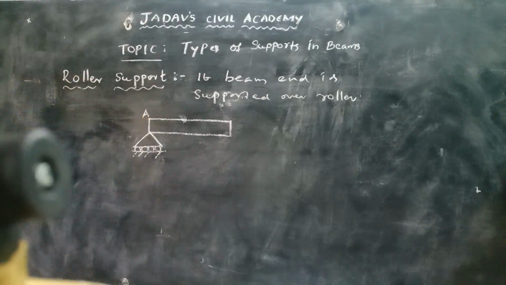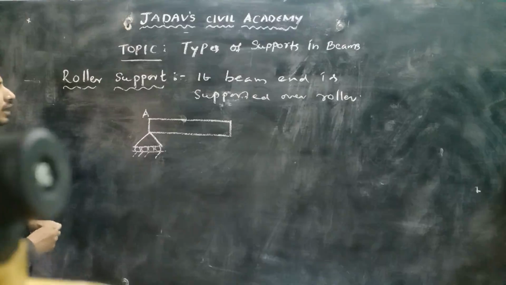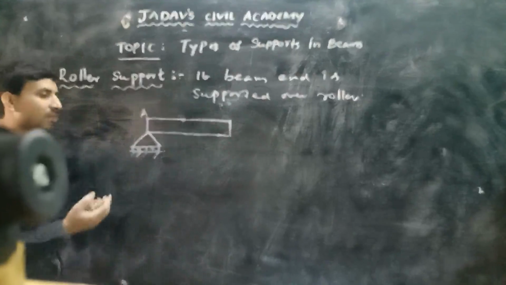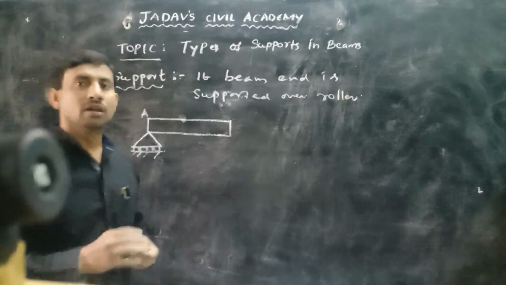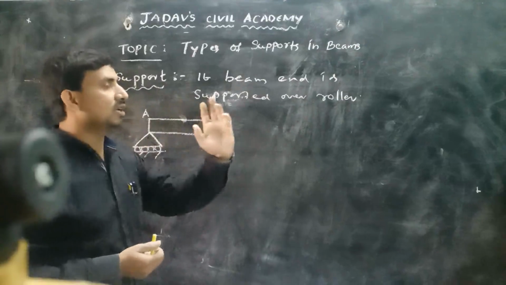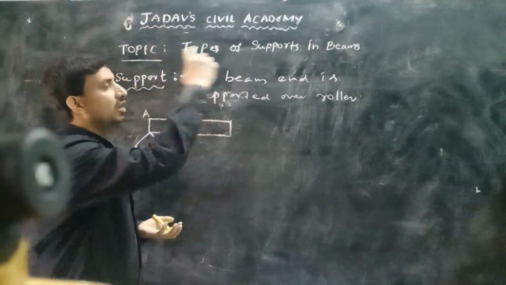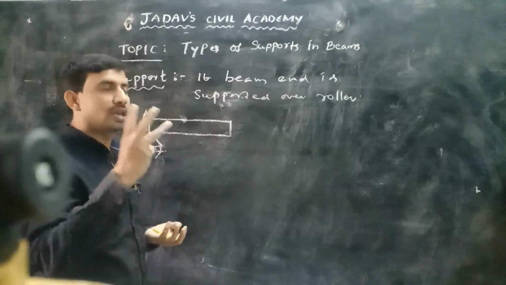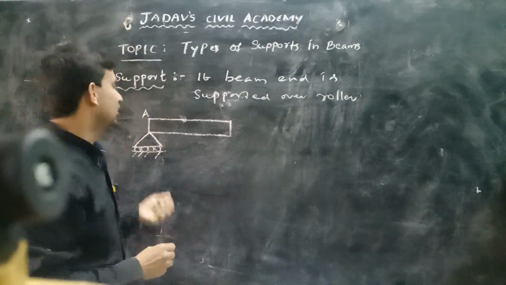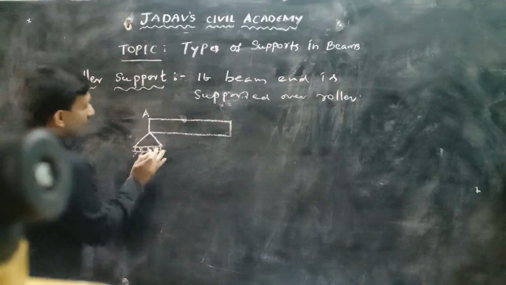If you observe the number of reactions in this roller support, the number of support reactions in any support can be calculated based on the three motions: the translatory motion in the horizontal direction, the translatory motion in the vertical direction, and a rotation about a point. Based on these three motions, we can decide how many support reactions there are. So let me check the roller support.